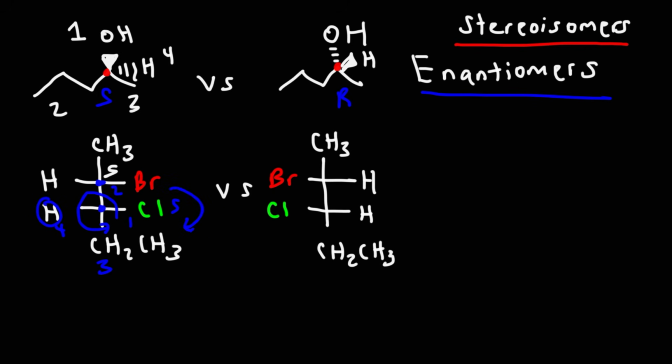We're going to reverse it and get R. So this is S, this is R. Now notice here the bromine is on the right side, here it's on the left, so this is going to be R, and this is going to change from R to S. So notice that the configuration at each chiral center is different, and we don't have any symmetry in this molecule. So what we have is a pair of enantiomers.